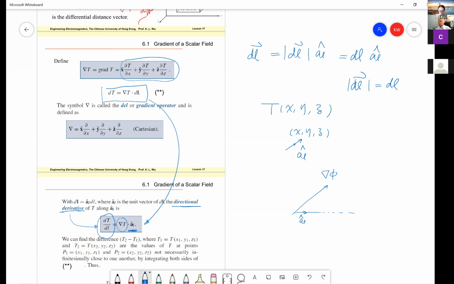However, the delta phi can be any magnitude, and also has a direction. The projection onto this is d phi dn.